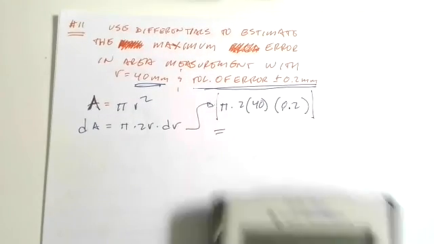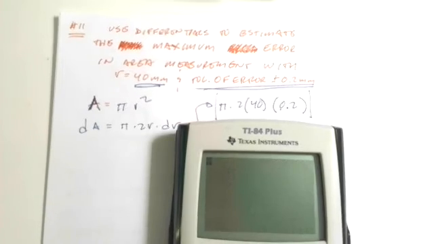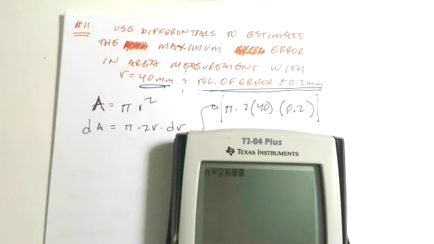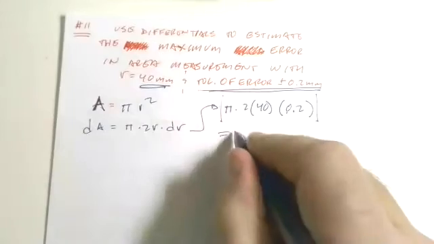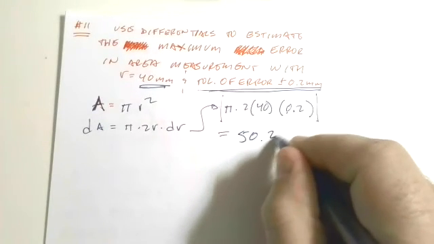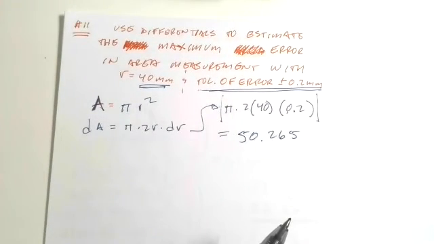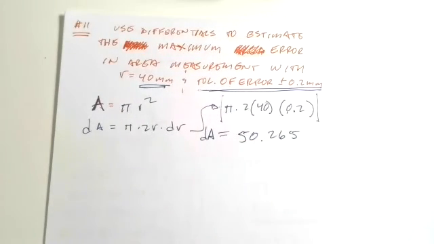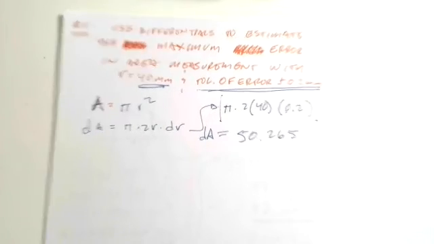Blast it out. Pi times 2 times 40 times 0.2. 50.265. Now that seems insanely high. That's dA. But yeah, that's what you get, unless I screwed up. Nope, that's right.